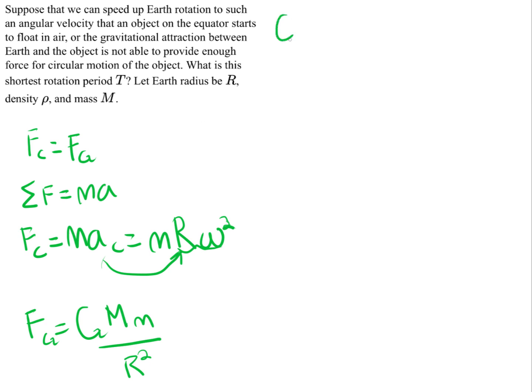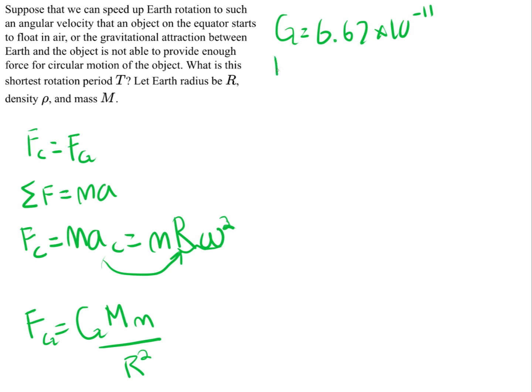Since this problem doesn't provide them, I'm going to write down a few things. The gravitational constant is equal to 6.67 times 10 to the negative 11. I'm not exactly sure what the units are, so I'm just going to leave it like this for now.